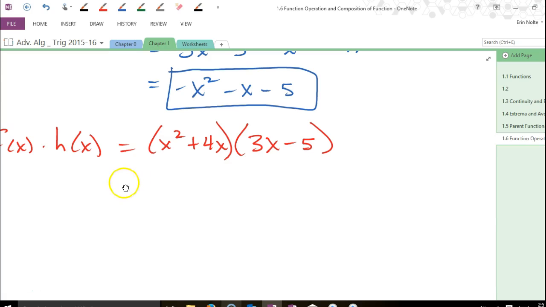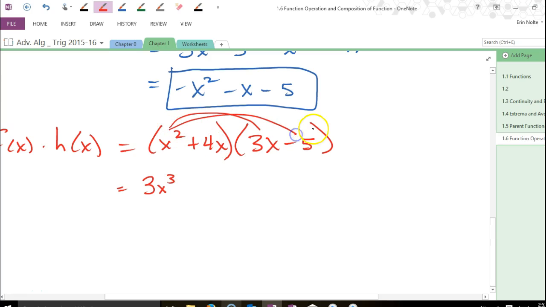Okay, so what's x squared times 3x? 3x cubed. What's x squared times negative 5? Negative 5x squared. Good. What's 4x times 3x? 12x squared. And what's 4x times negative 5?